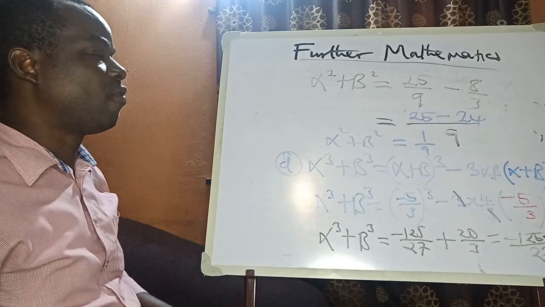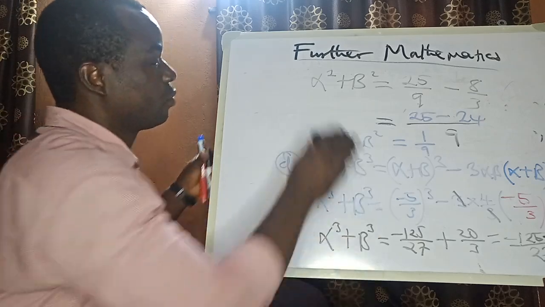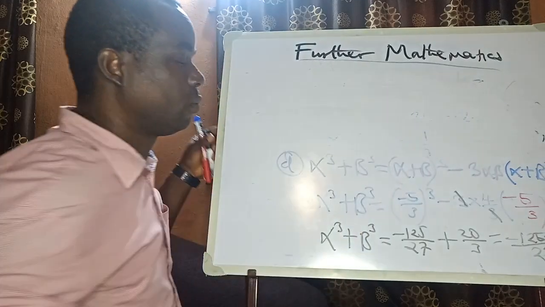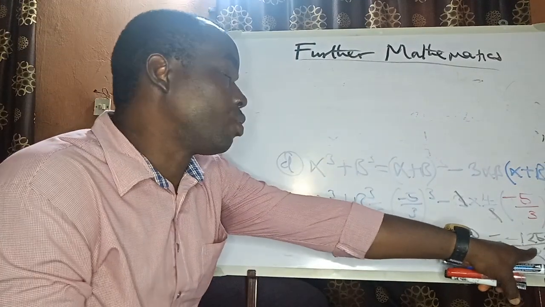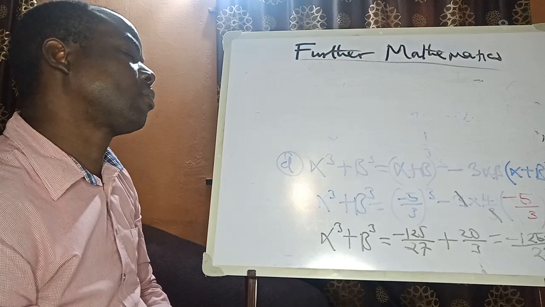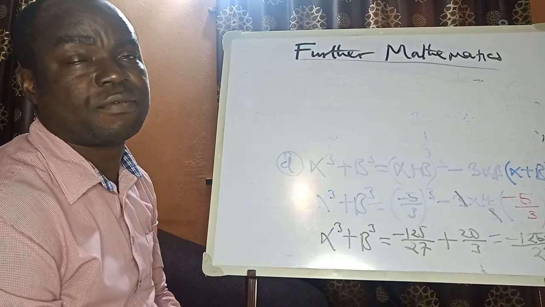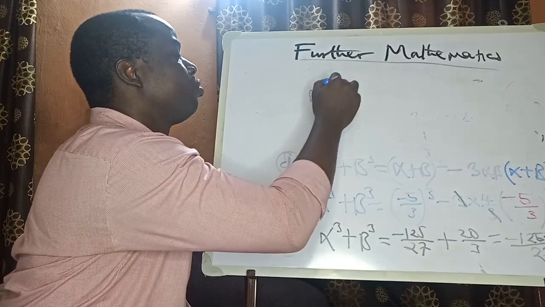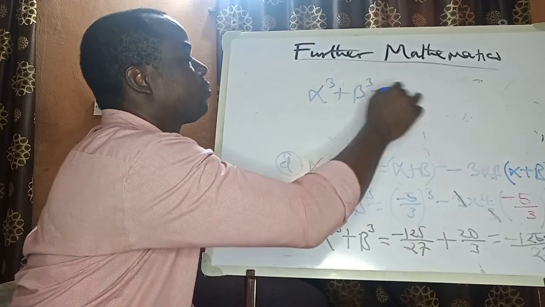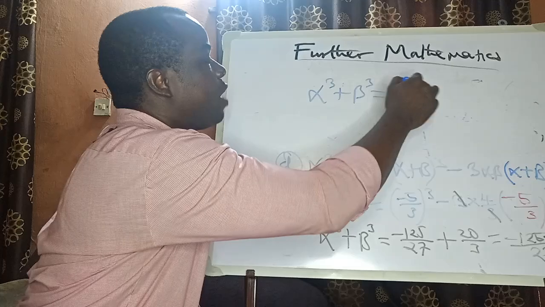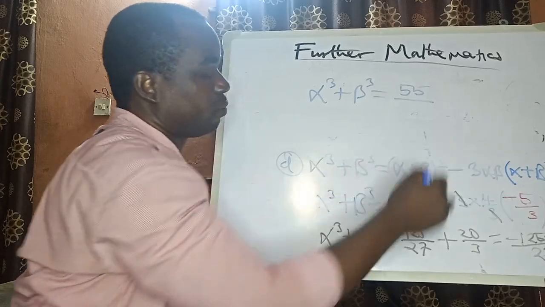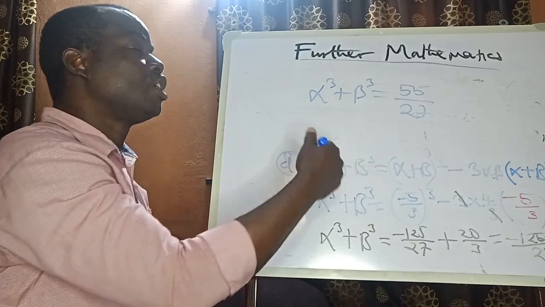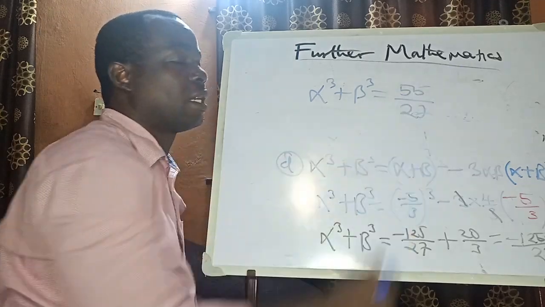Now we bring out the final answer here. What is minus 125 plus 180? That's 55, right? Therefore, alpha cubed plus beta cubed is equal to 55 over 27. We can change it to a mixed fraction. You can also leave it like this.